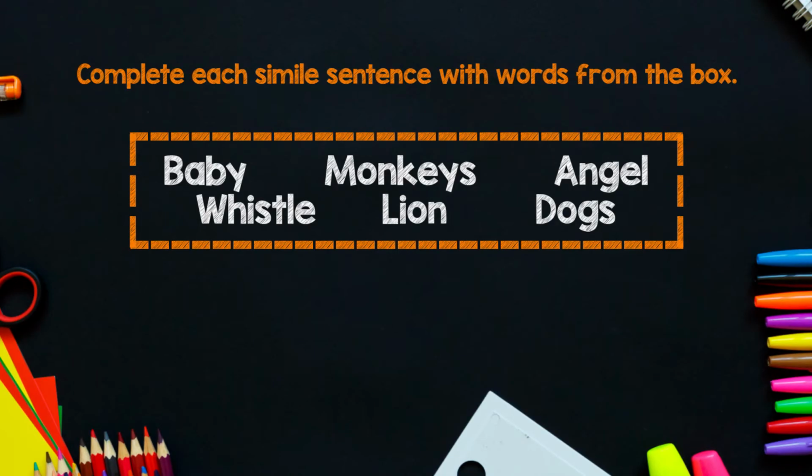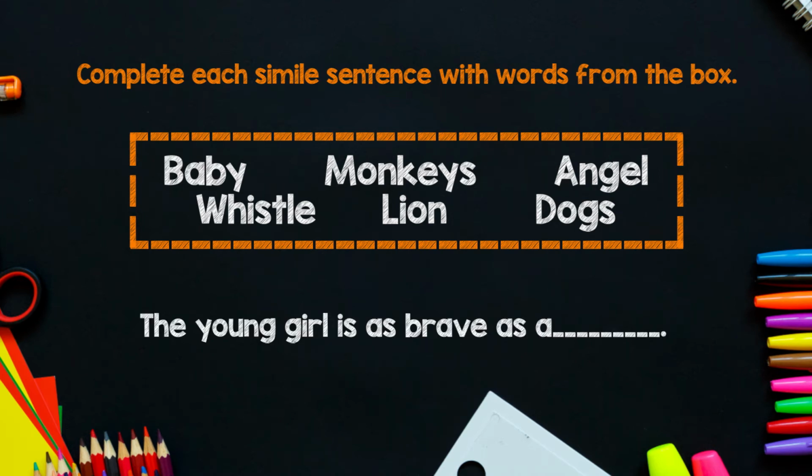Here, we will complete each simile sentence with words from the box. The words in the box are baby, monkeys, angel, whistle, lion, and dogs. Our first sentence is, the girl is as brave as a.